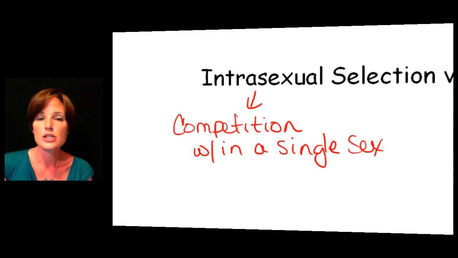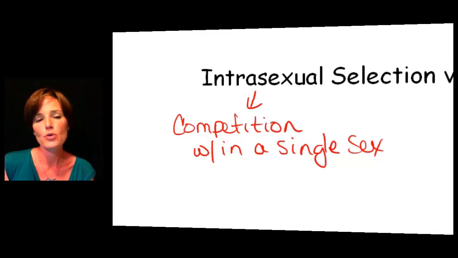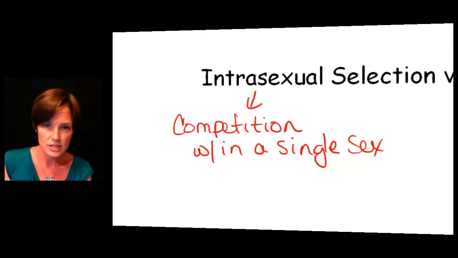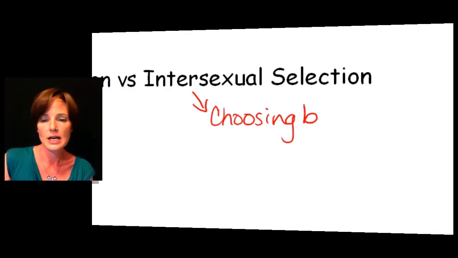So this means that two males are going to compete with one another to win the affection of the female. Okay, or they're going to compete with each other so that they have the opportunity to mate with the female. But the female herself is not going to be involved in that competition. Intersexual selection, on the other hand, is the choosing by the female.